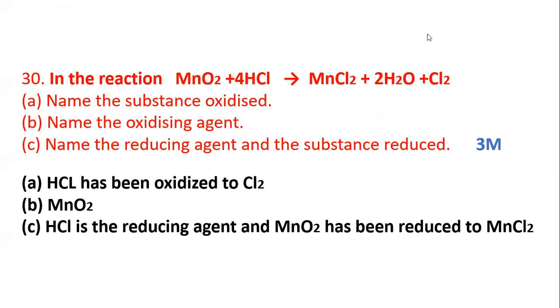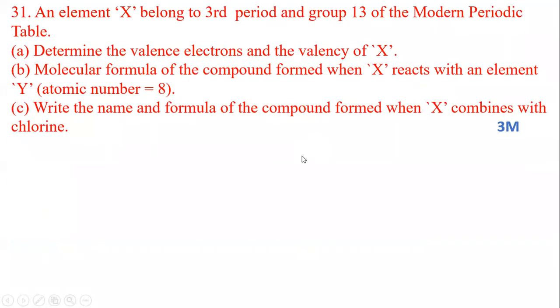Have you understood this? I hope you understood. Then we'll see the next question. This is somewhat to understand more. An element X belongs to the third period and group 13 of the modern periodic table.